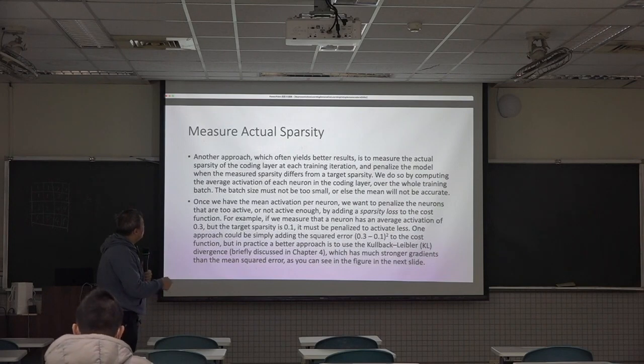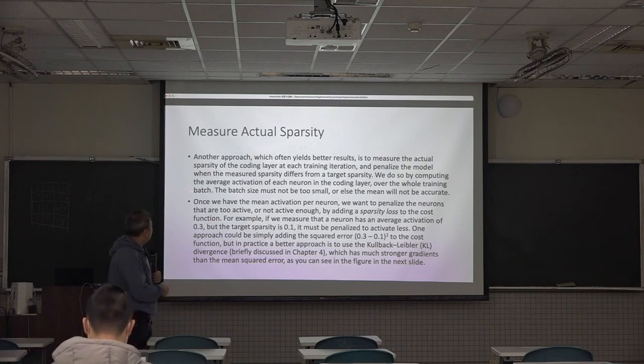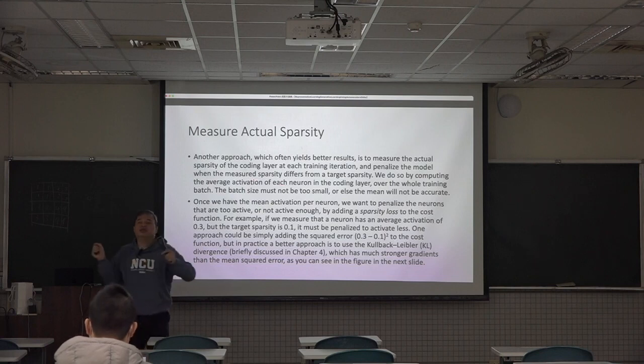We measure the actual sparsity of the coding layer at each training iteration for each neuron, and penalize the model when the measured sparsity differs from the target sparsity. We do so by computing the average activation of each neuron in the coding layer over the whole training batch. So obviously, if you want to do that, the batch size has to be big enough.